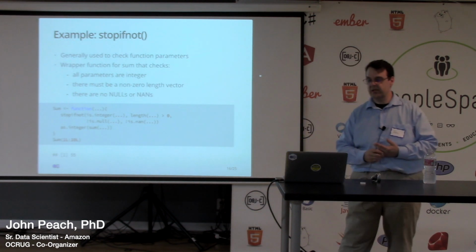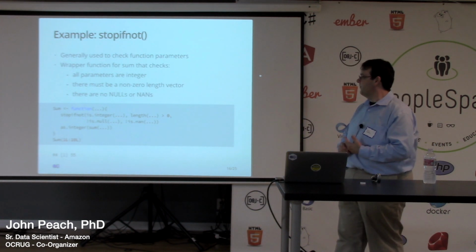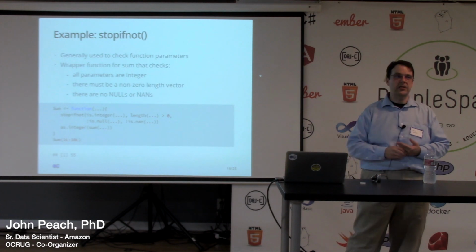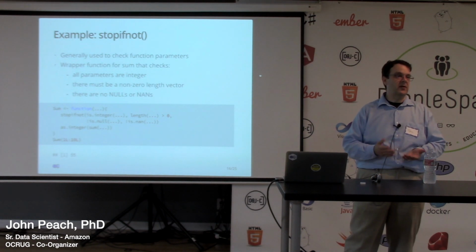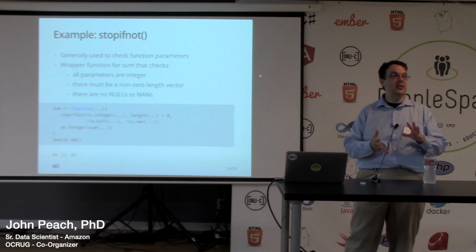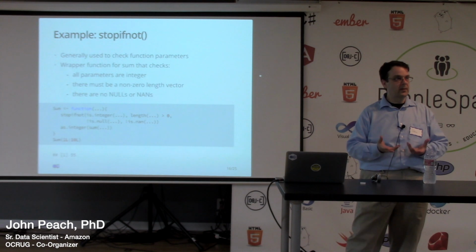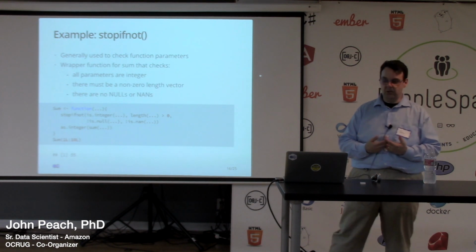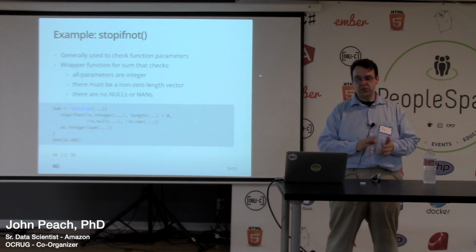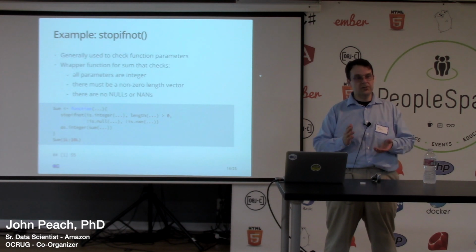So here's a short example. We have a function called sum, and it's going to take a vector of integers, and I want to make sure that you're passing into me just integers. You're not doing anything else. So I'm going to strictly type my data, which R doesn't like to do, but I'm going to force it anyways. So stop if not is an integer.